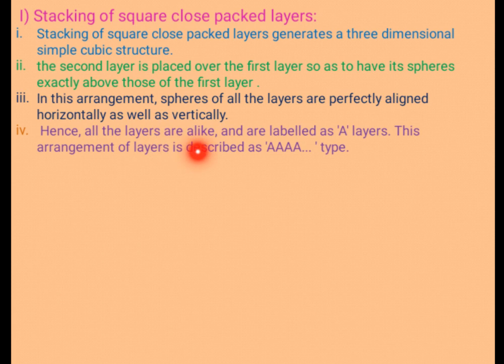Hence, all the layers are alike and are labeled as A. This type of arrangement is called an AAA type arrangement, or square close packed structure, of three-dimensional structures.